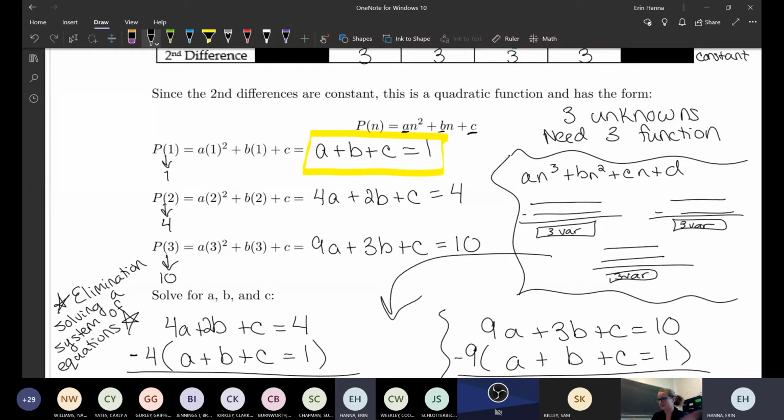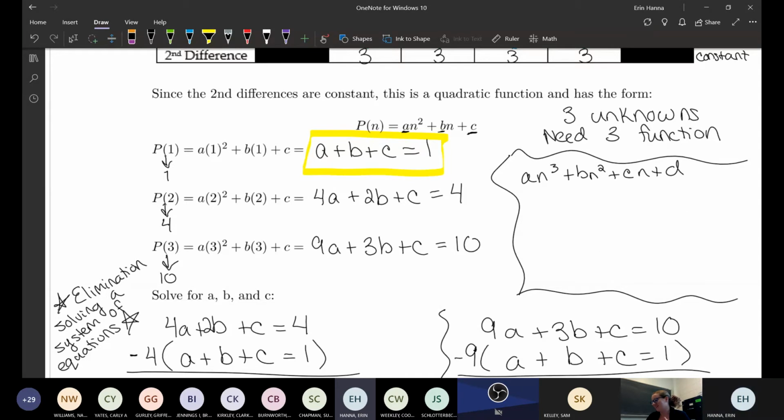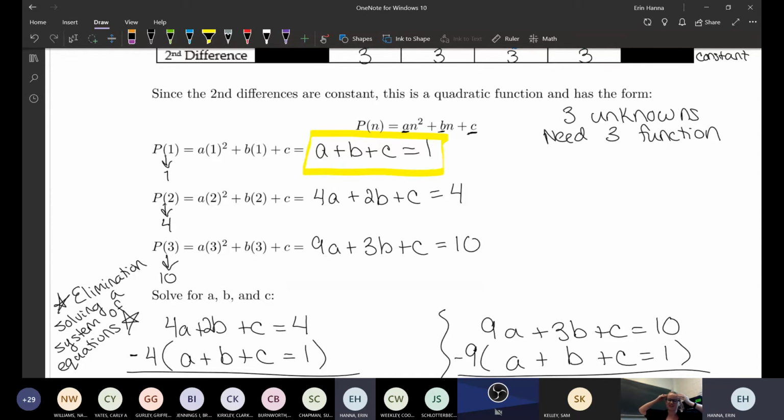But we don't do matrices, so we can't use them. But to answer your question, it's the same thing, just with a ton more steps. But you'll never have to do a cubic, because I wouldn't want to do a cubic. But hopefully that answered your question. Any more questions?